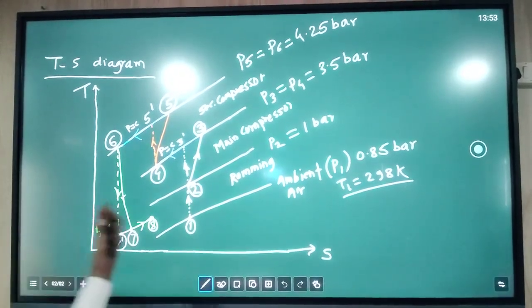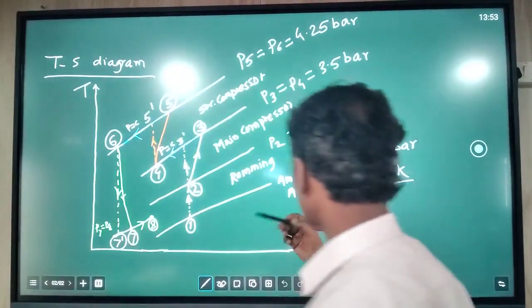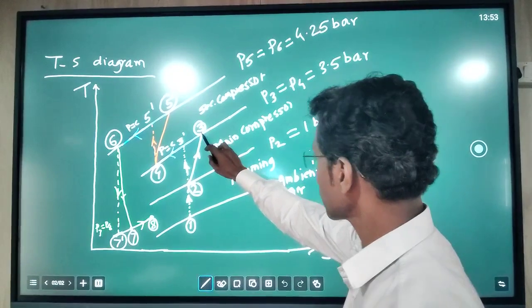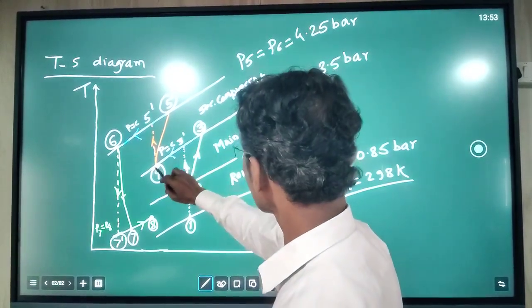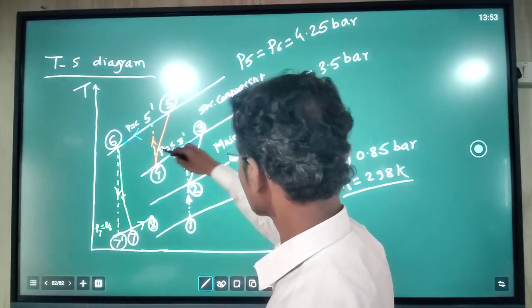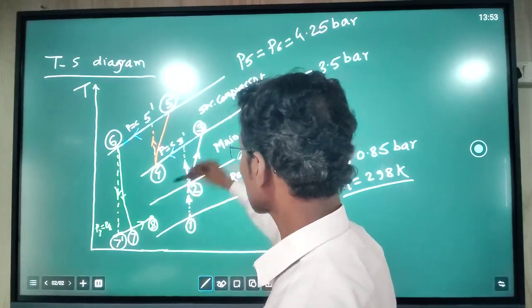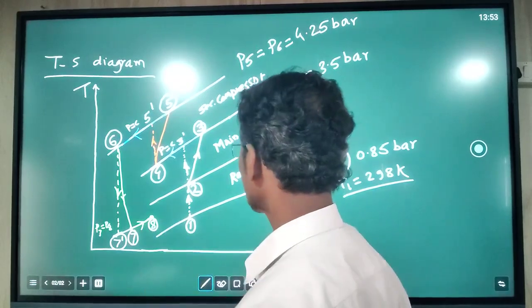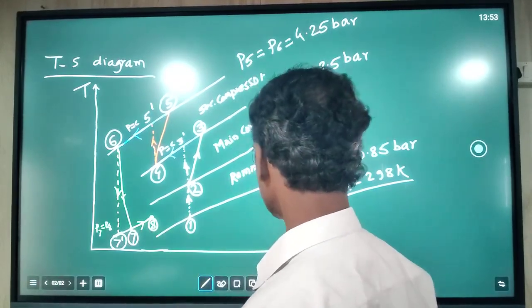From this we come to know that the unknowns are the temperature at point number 2, the temperature at point 3, 3 dash, and all the temperatures onwards are unknown. Only the temperature at point 8 is known, that is given as 22 degrees Celsius.